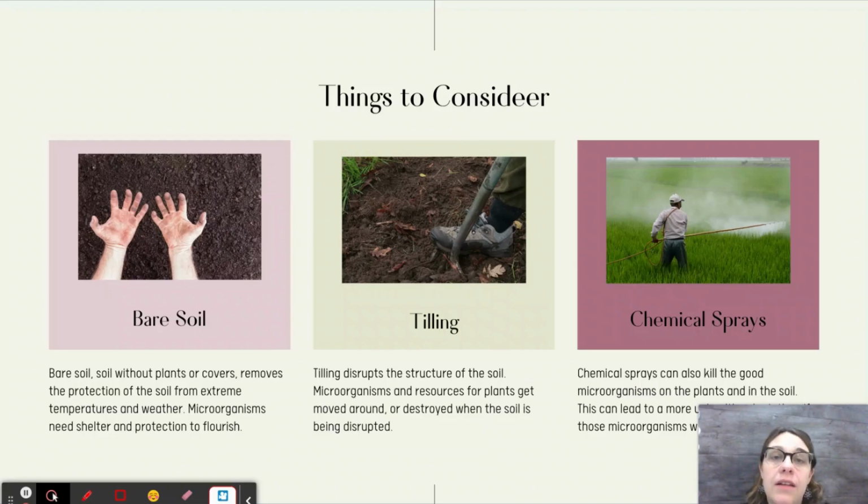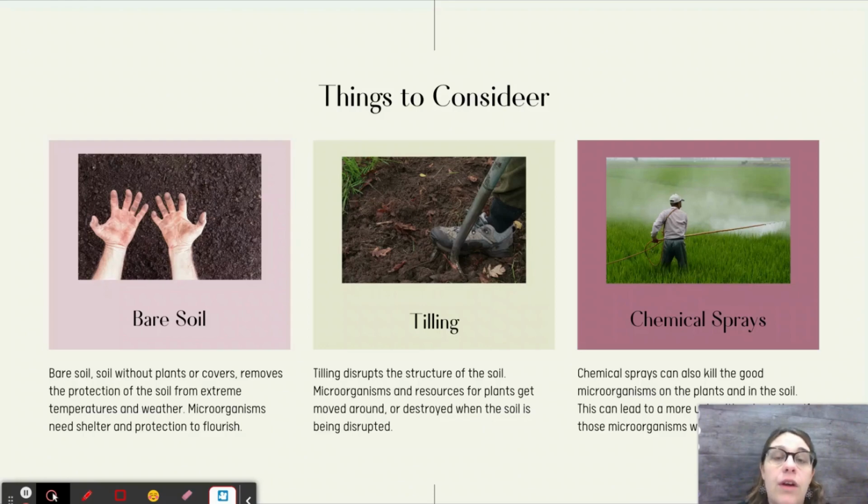They need to be protected. They need to be covered by plants or a tarp or something to help regulate the temperature, to help not get flooded out. So having bare soil for long periods of time can really negatively impact the amount of microbial activity in your soil.